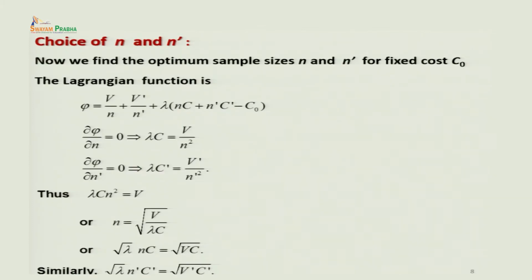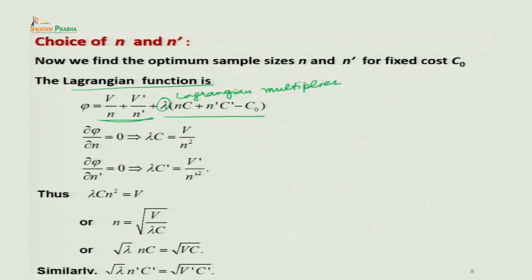The Lagrangian function can be defined as phi equal to this variance part plus this condition, where lambda is a Lagrangian multiplier. Right.